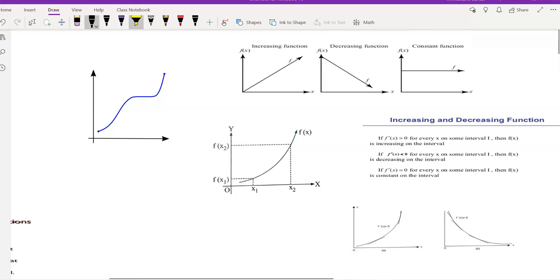If you go through this graph I have drawn here, suppose I take this point A and this point B. The extreme point is B. Gradually, if you move from A to B, its value is increasing. Here it is constant, but then it is increasing.